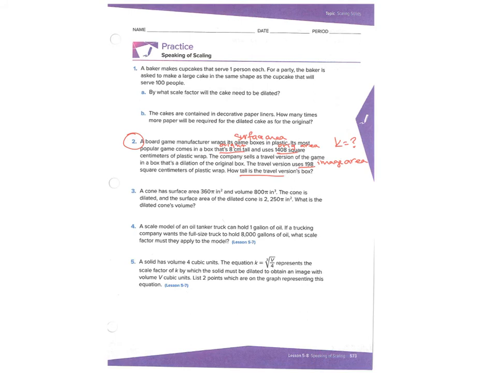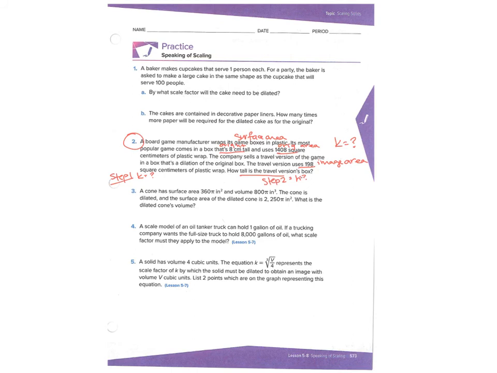My areas are going to change by k squared, and my volume, which has nothing to do with this particular problem, is going to change by k cubed. So I need to, step 1, I need to find k. I need to figure out what k is. Step 2 then, I need to figure out what my image height is.